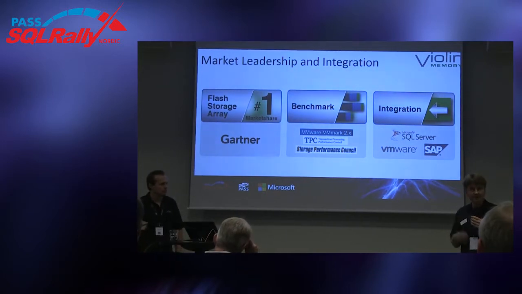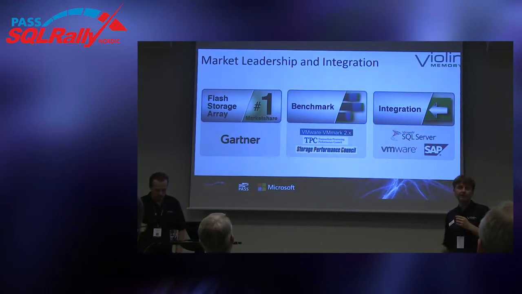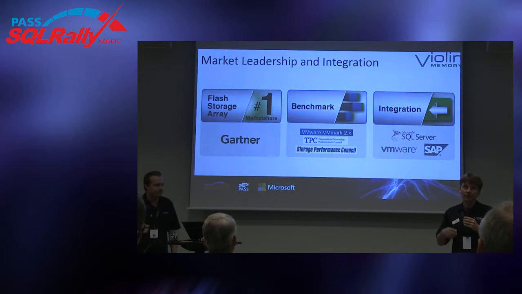So we change this game and make all the applications and the infrastructure run extremely much faster. Integration with SQL Server, VMware, SAP, and all the other guys. SQL Server 2012 and Windows Server 2012 R2 have been developed together with Microsoft. We have made suggestions for them to optimize their kernel to run faster on flash. And Microsoft is a large customer of Violin also.